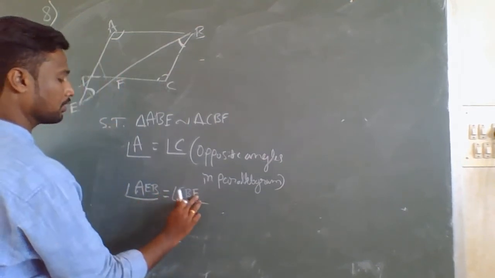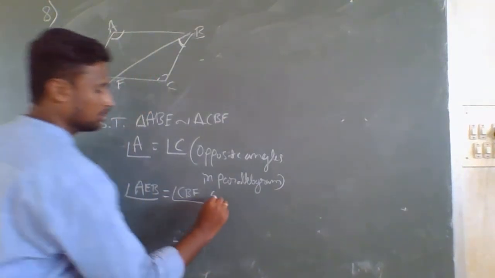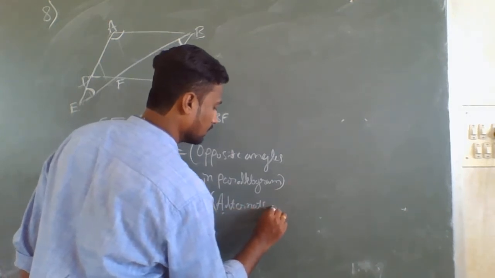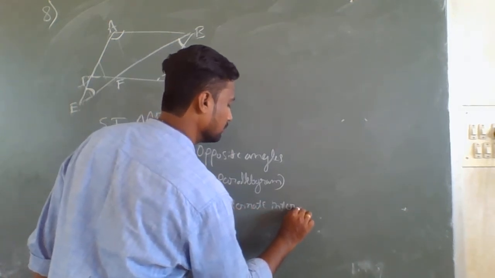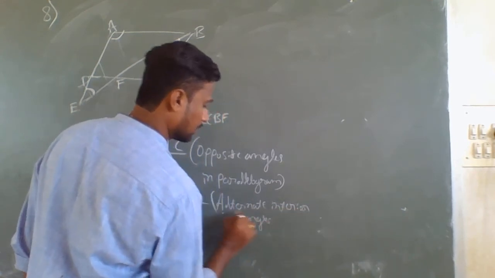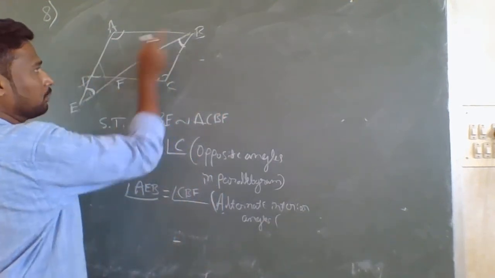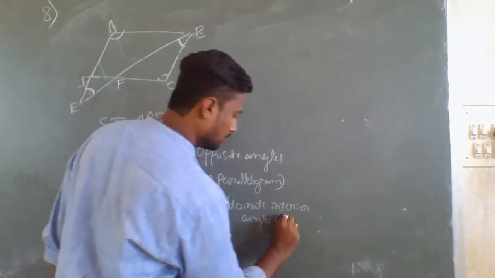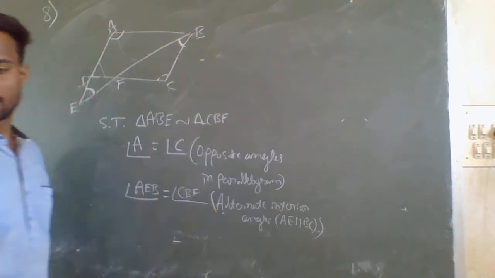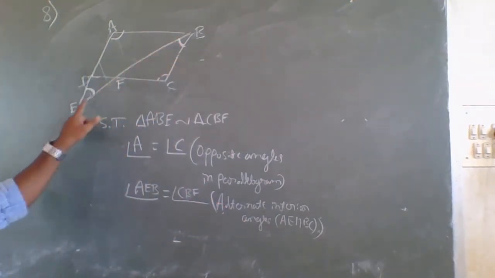that is angle CBF, because these two are alternate interior angles, because AE is parallel to BC and this is the intersecting line.